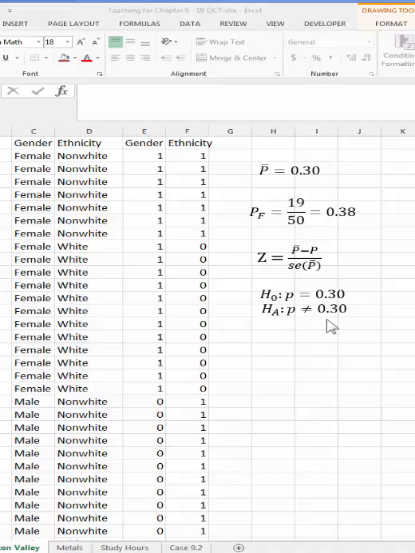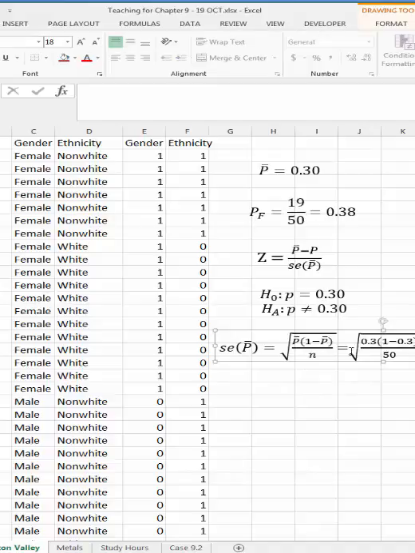So now we need to calculate the standard error of P so that we can then calculate our Z computation. Right here, we'll put the calculation for the standard error for P. The standard error of P is calculated as P bar times 1 minus P bar, because with a proportion of defects we only have the event occurring or not occurring.